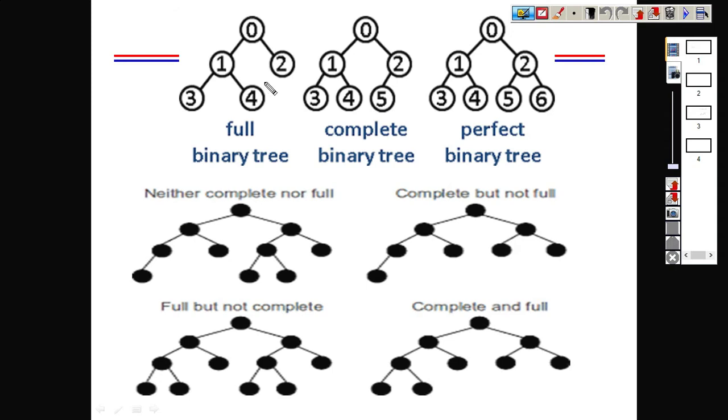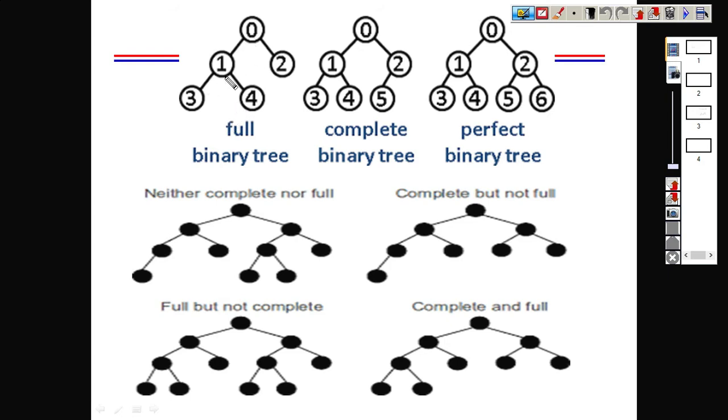Let us see the different types of binary trees to understand in a better way what exactly the heap is. So the first thing is the full binary tree. In a full binary tree, every node other than the leaf has two children.